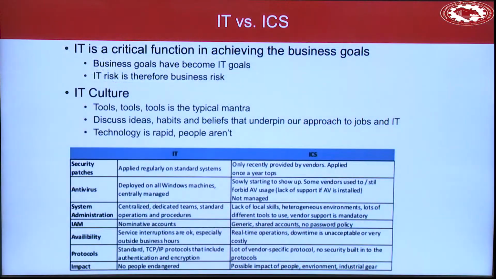We talk about availability. In terms of protocols, generally all IT systems are based on TCP/IP protocols. What is TCP/IP? Right. And in ICS systems, there are a number of protocols. Some of them rely on TCP, but they're not really TCP/IP. Many of these protocols are vendor specific.